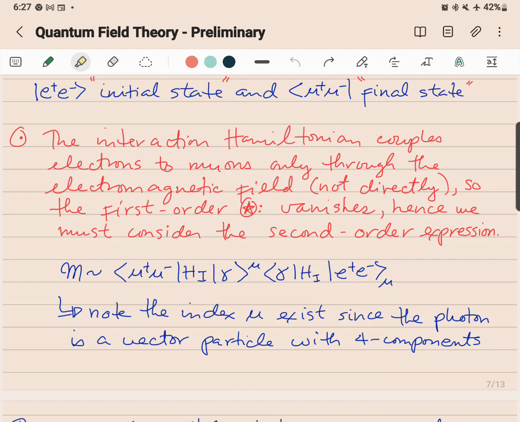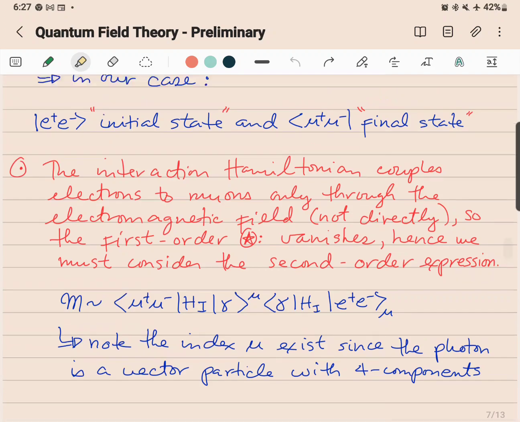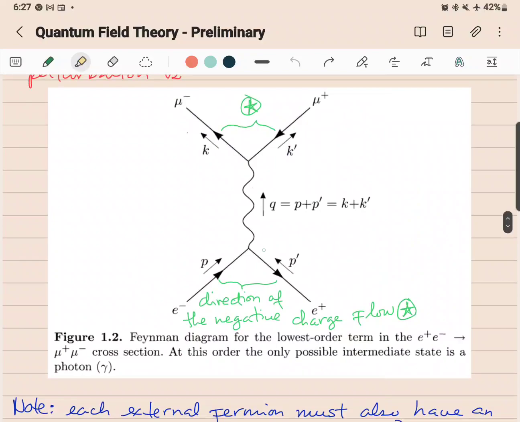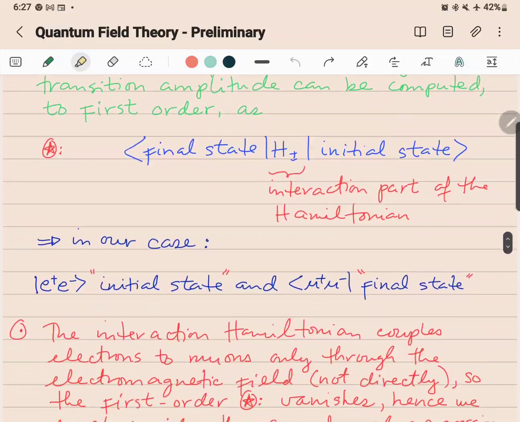So the interaction Hamiltonian couples electrons to muons only through the electromagnetic field, not directly. So you can see here you have the vertex for the electrons, and then this here for the muons, and they're connected with the interacting particle, the photon.